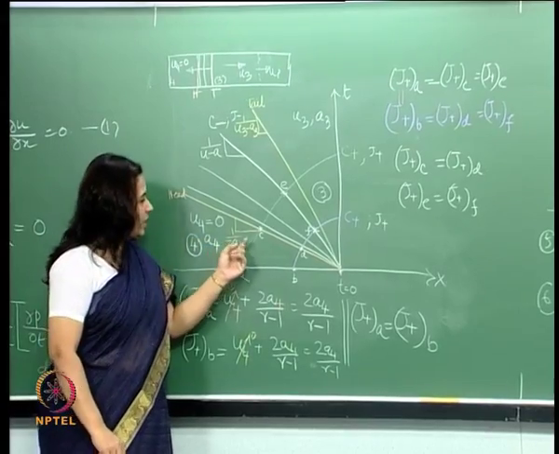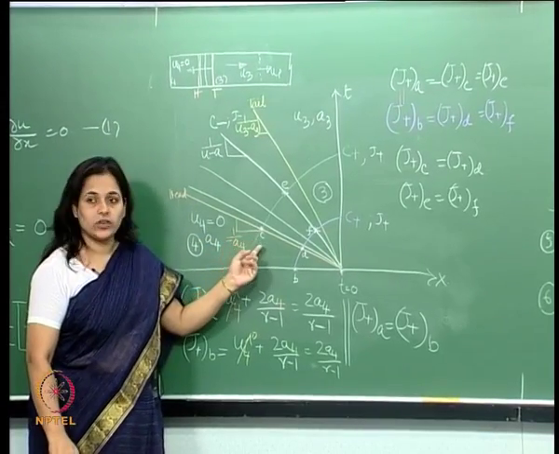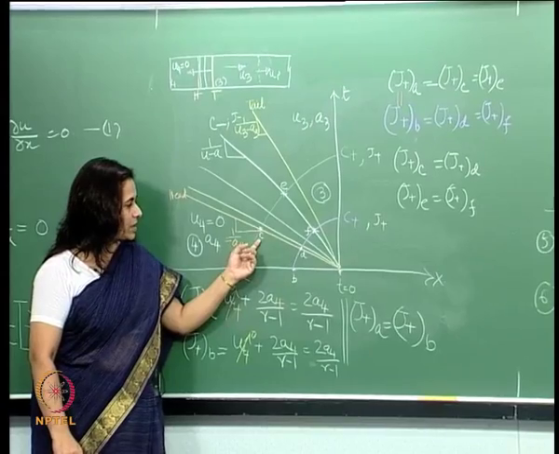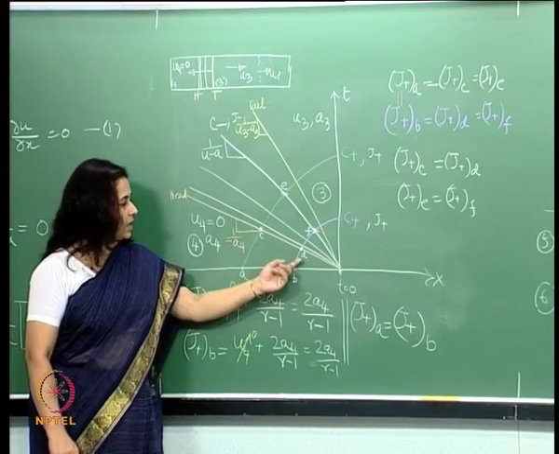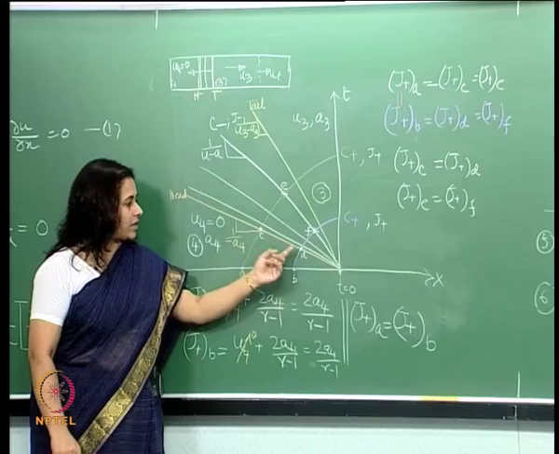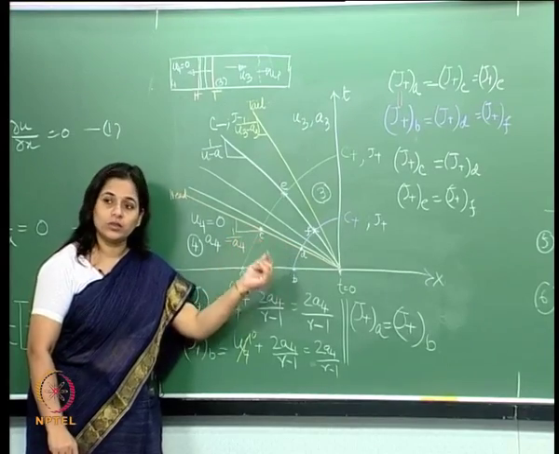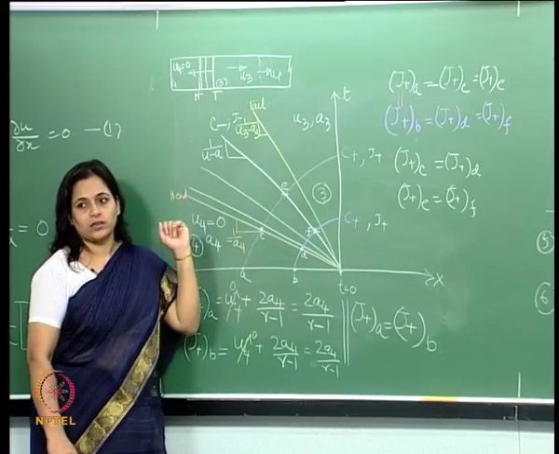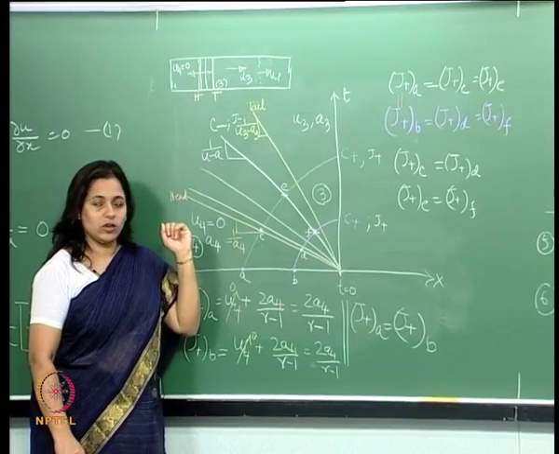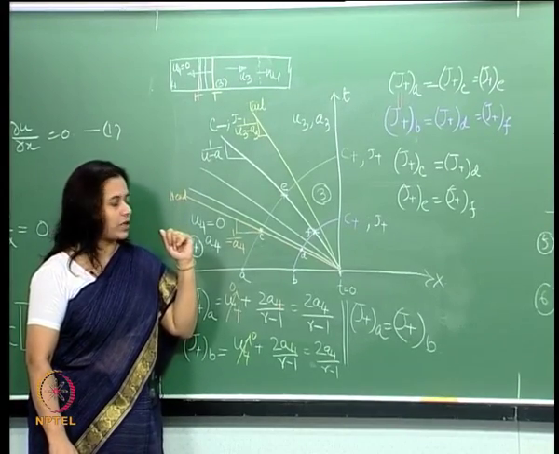Now the reason we are interested when we say J plus C is equal to J plus D is that we see that these 2 points also lie on a C minus characteristic. Okay, and therefore that is important.